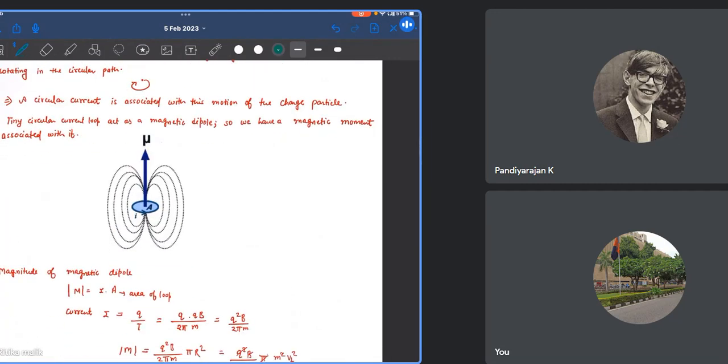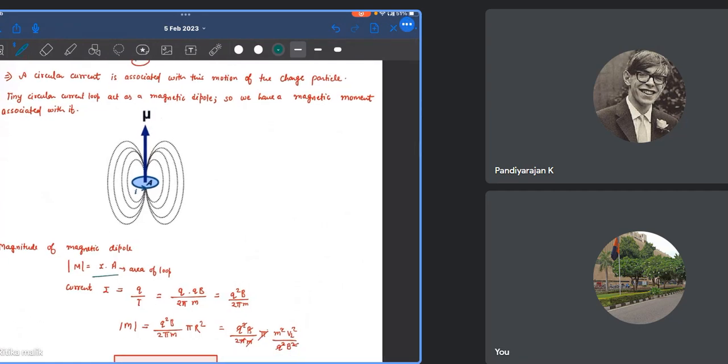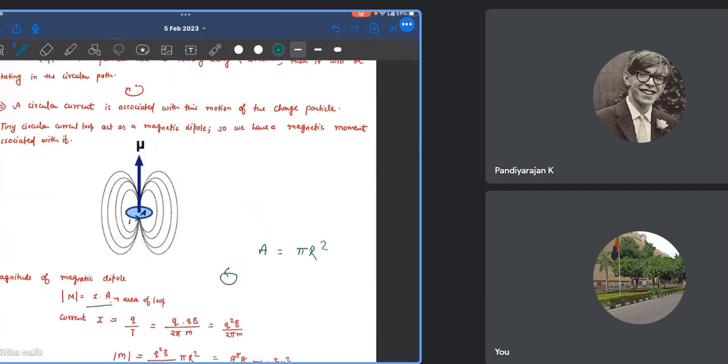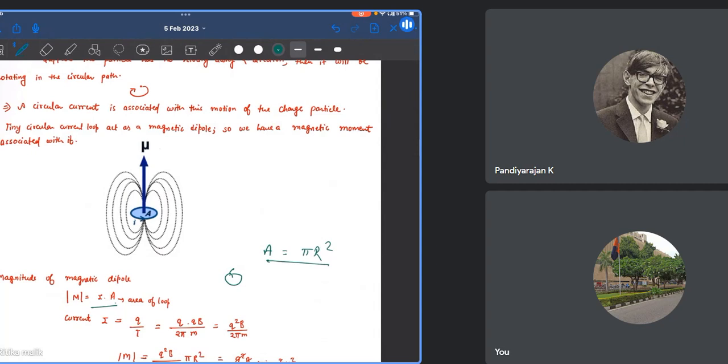We can calculate it from the formula that the magnetic moment is given by the current I into the area of the loop created by the particle's motion. Since area is given by pi r squared, and we have already calculated the radius, we can calculate the area.